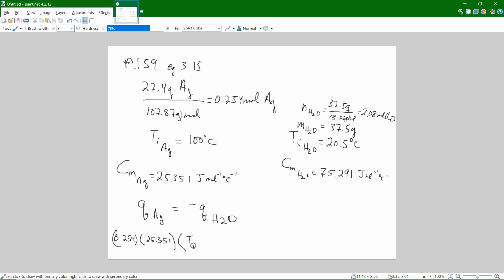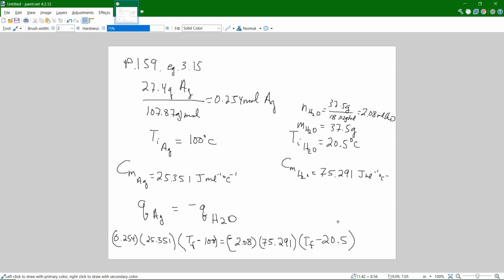That's what we've got to solve for. The initial temperature is 100. Equals minus the water is 2.08 times 75.291 times T final minus 20.5.